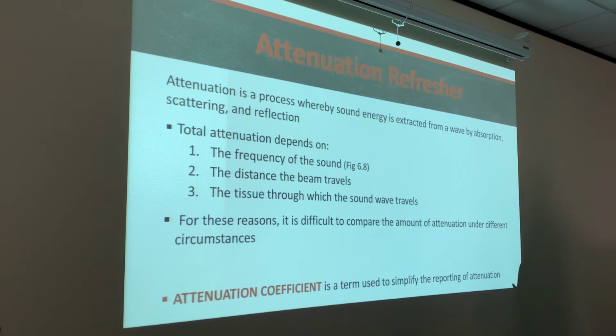Talking about the lungs, that's going to be high absorption, high scatter, so sound is not going to be able to travel well through there. So these are the 3 things that total attenuation depends on: frequency, path length, and the tissue through which sound travels. For those reasons, it is difficult to compare the amount of attenuation under different circumstances.